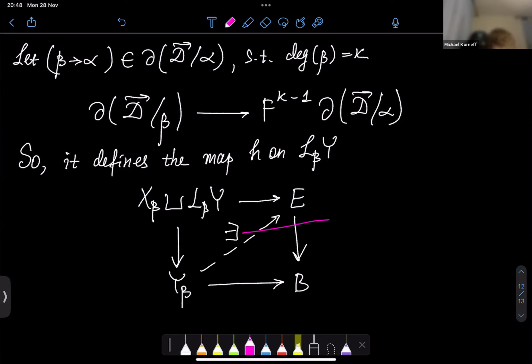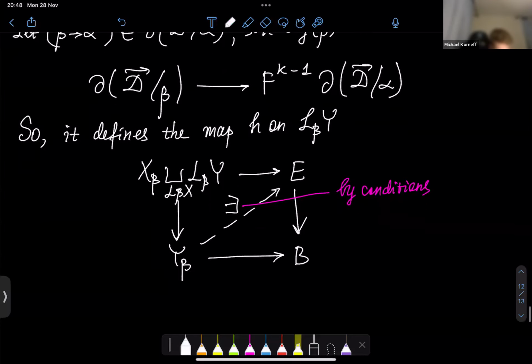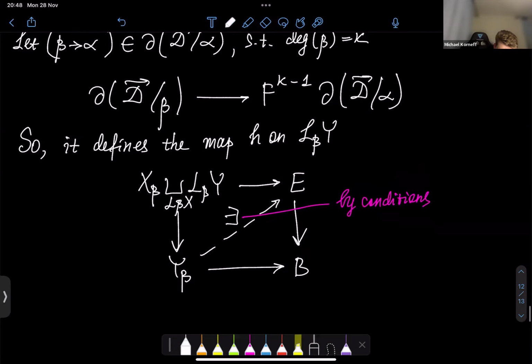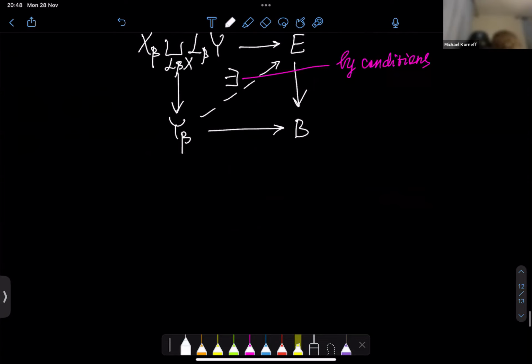It exists by conditions, and by Hirschhorn's lemma, the lifting exists in the following diagram.